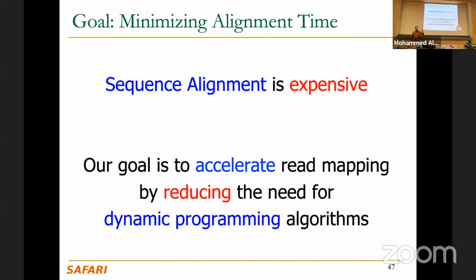Once I find them similar using this magic algorithm, then I can use dynamic programming. By doing so, I reduce the number of times I need the dynamic programming algorithm. I did not substitute it. It's still there. I just reduce how many times I call it to examine the similarity for me. So I use something heuristic, very fast, that does not do the same job as dynamic programming, but at least can tell me if these are similar or not.